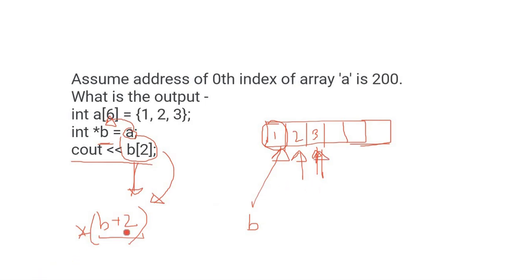That means on dereferencing b plus 2, we get the value 3, which is stored at index 2 of the array. Hence the output would be 3. This is the correct answer. Alright, moving on.